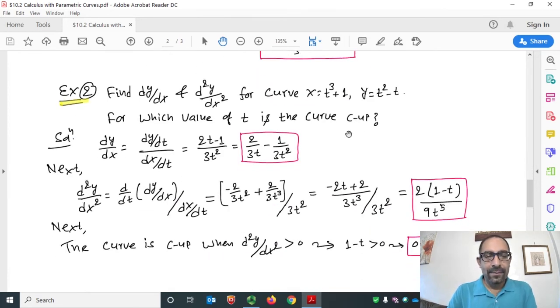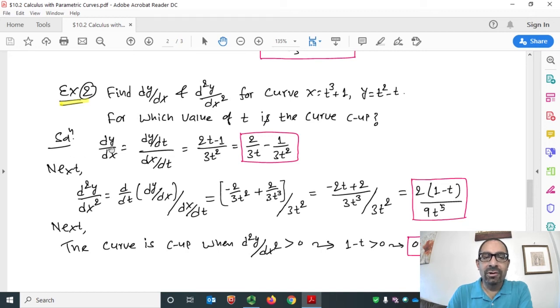Similarly, let's do example 2. Find the first derivative and second derivative for the curve given by x equals t cubed plus 1 and y equals t squared minus t. Next part, for which values of t is the curve concave up. Now let's begin the solution.